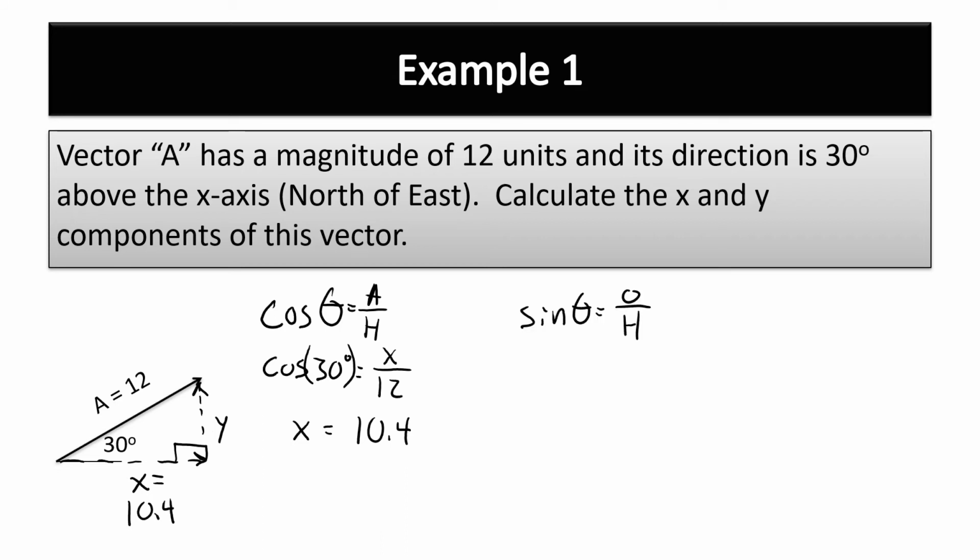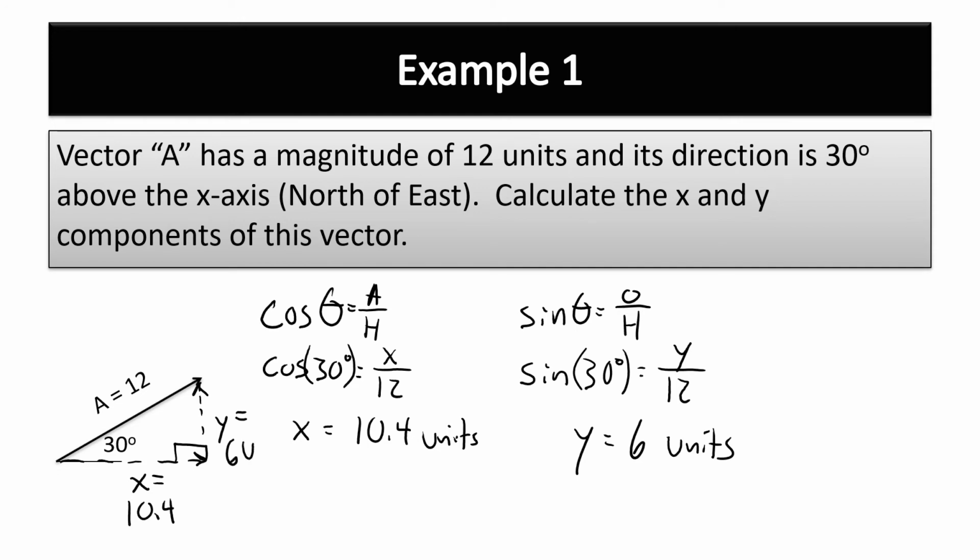We'll plug in our numbers, and we'll solve by cross multiplying. And you get a y component of 6 units. And that's all you get. So those are the x and the y components of that vector.